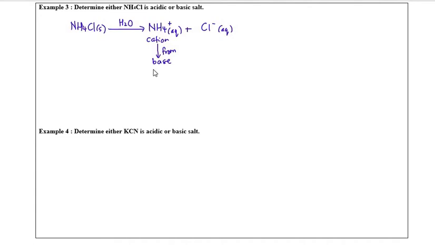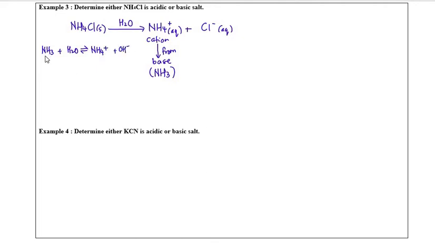I will choose NH3 as our base because when I dissociate the base ammonia, with a reversible arrow, I will produce NH4+ and OH-.